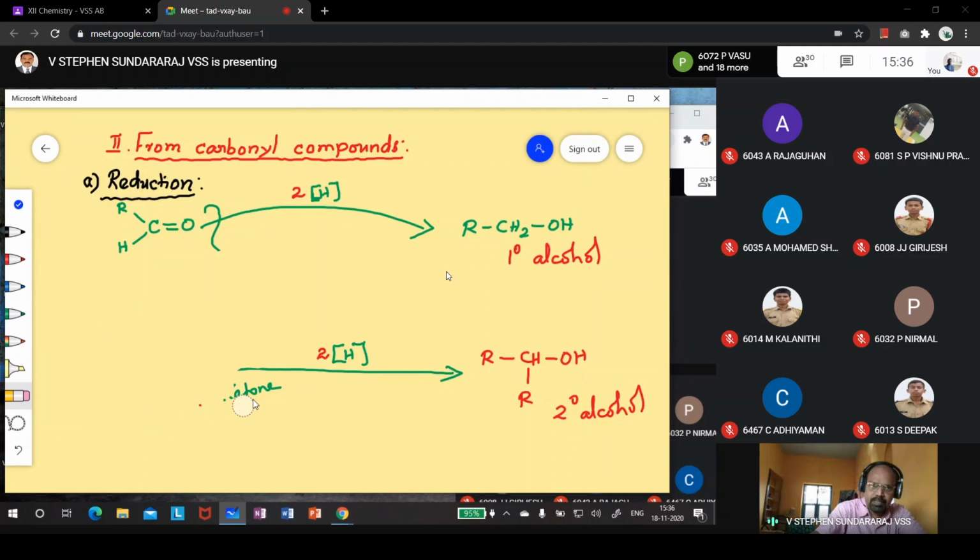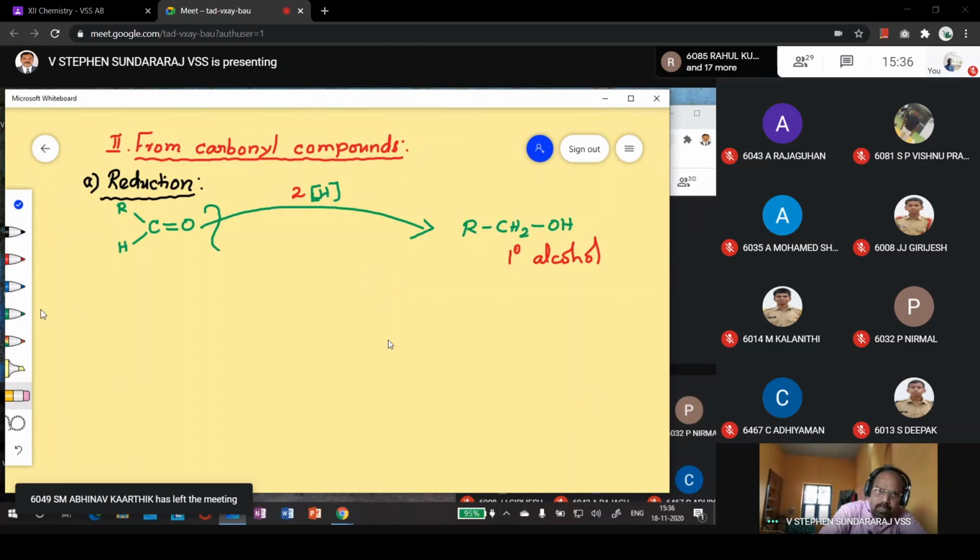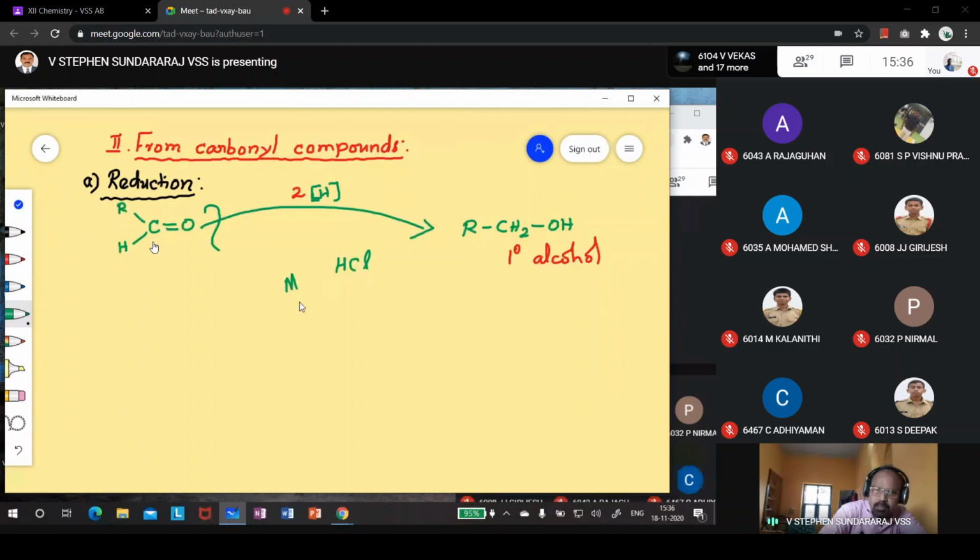Zinc hydrochloric acid, tin hydrochloric acid will produce nascent hydrogen. Okay. So why not sodium and hydrochloric acid? Why did they give sodium with ethanol? Anybody? All this you should easily have the ability to think. The purpose is they will react and they will produce nascent hydrogen. See, HCl, any metal reacting with it, what happens is that metal chloride will form.